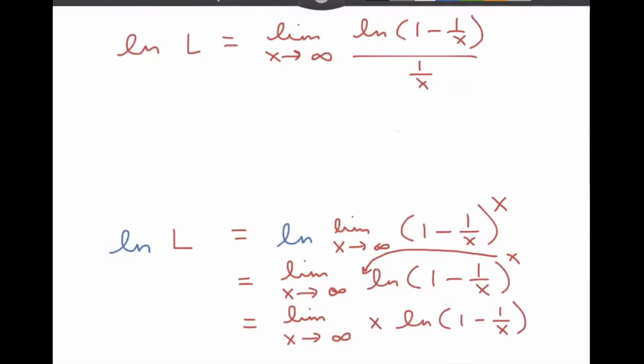What I'm a little concerned about is that if I differentiate the top and differentiate the bottom, it's going to get a little messy. So here's a trick that I sometimes do. I'm going to make a substitution in this limit. I'm going to let u equal 1 over x.